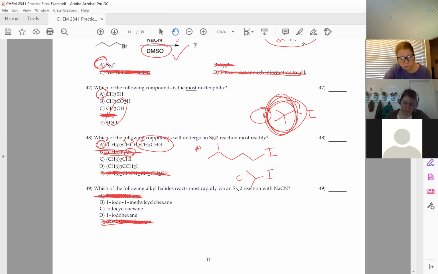Okay, the other ones we have to draw out. So 1-iodo-1-methylcyclohexane. So we have a cyclohexane and iodine and methyl on the same carbon. That's a tertiary substrate. Is that going to work? No. Okay, C is iodocyclohexane.